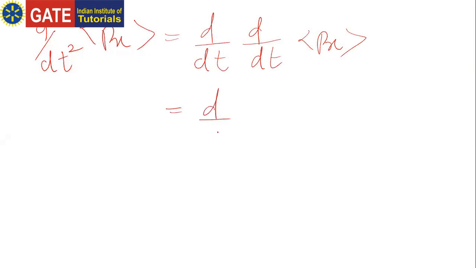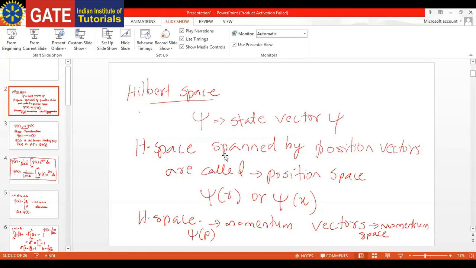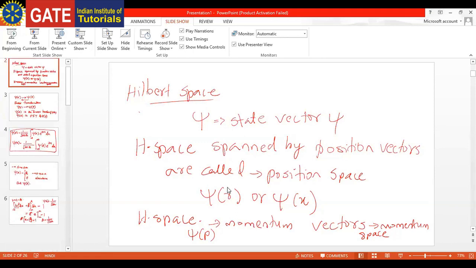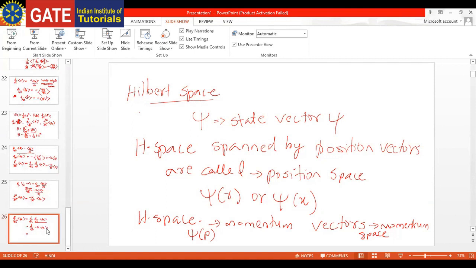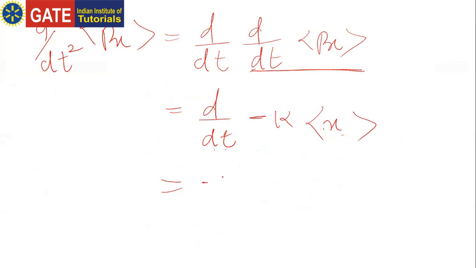We know the value of d by dt of expectation px: minus k into expectation x. What is d by dt of expectation x? Px by m. Yes. So d by dt of expectation x is px by m, and we get minus k expectation px by m.